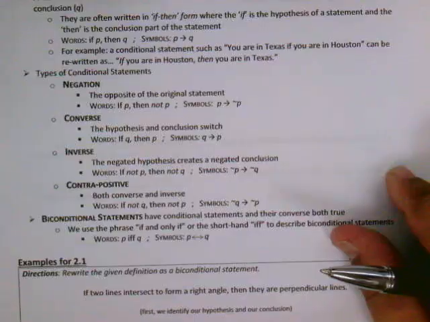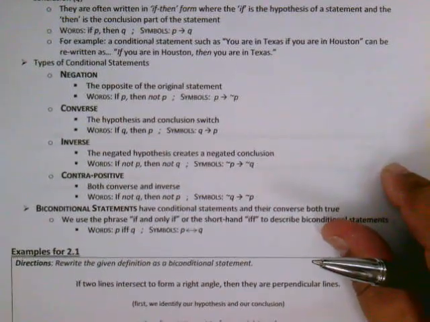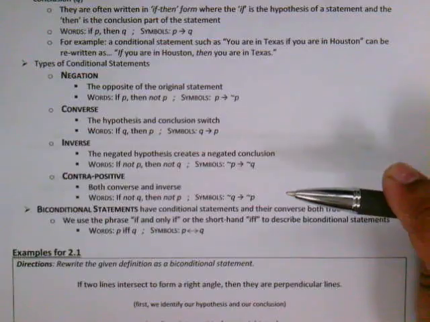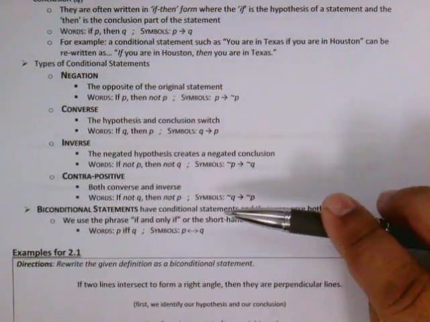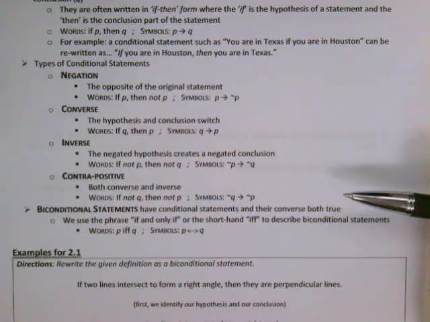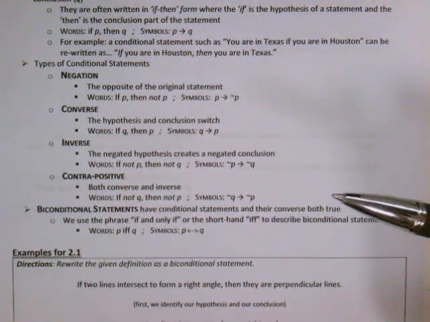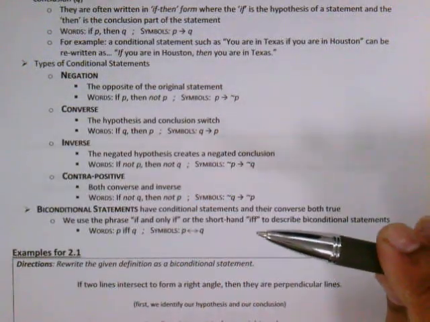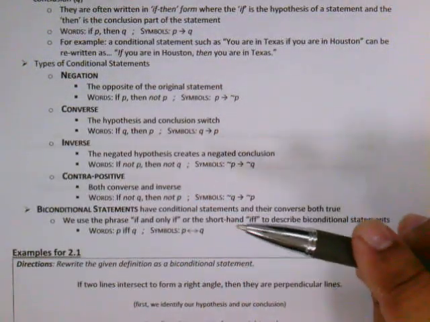However, when you think about the words that we're saying, we do on occasion come into a situation in which both the conditional if-then statement and the converse statement are both true. In which case, we would use the phrase if and only if. We often abbreviate if and only if.